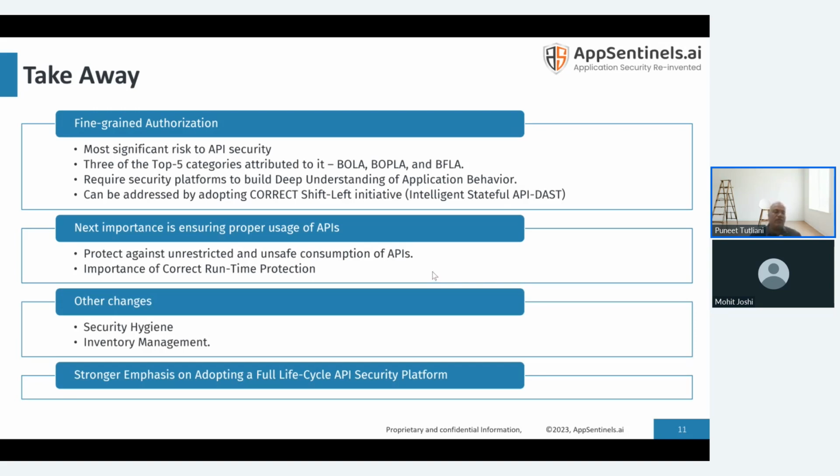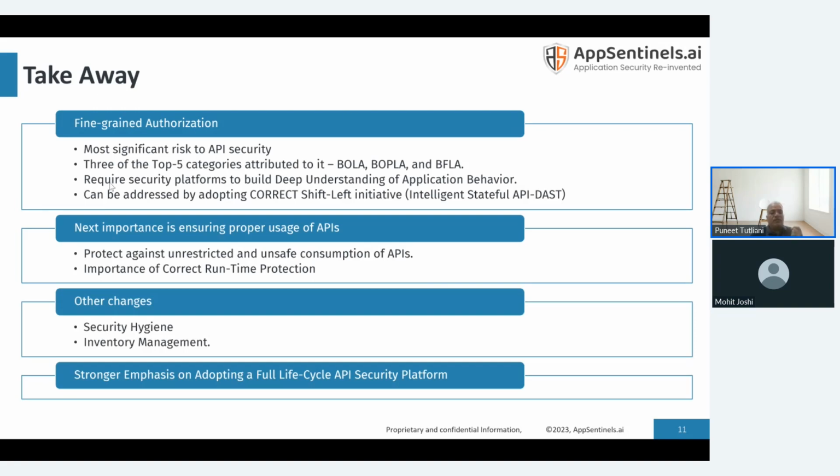It's the most significant risk. Further, three of the top five categories are attributed to fine-grained authorization: broken object level authorization, broken object property level authorization, and broken function level authorization.